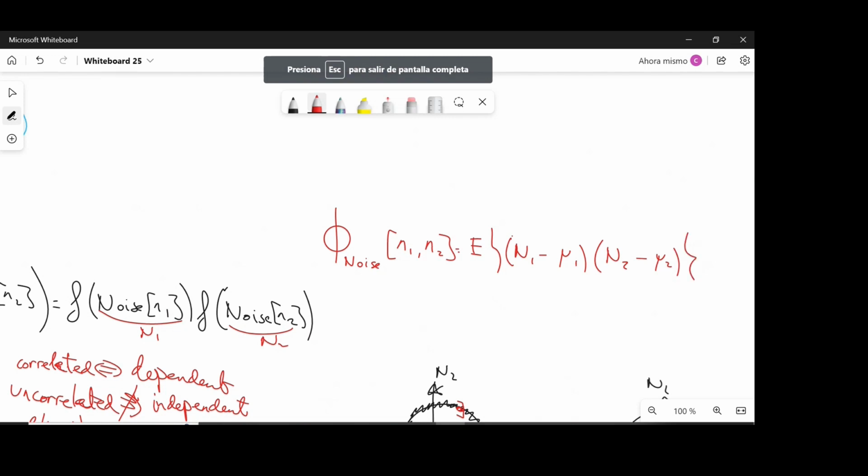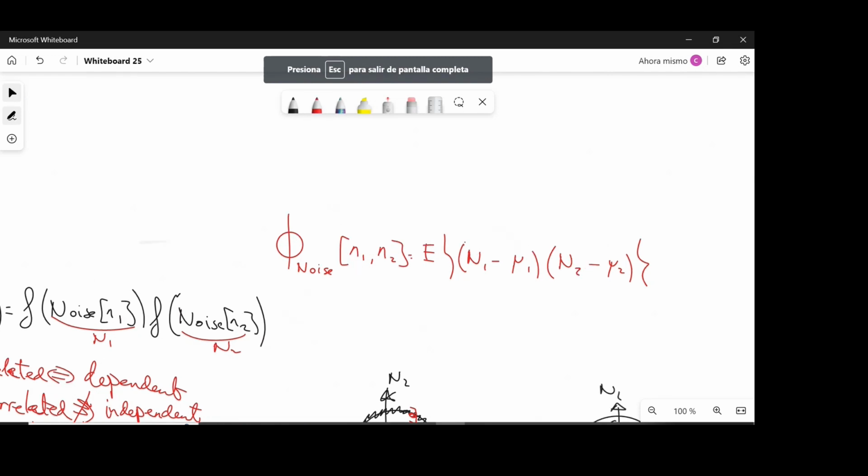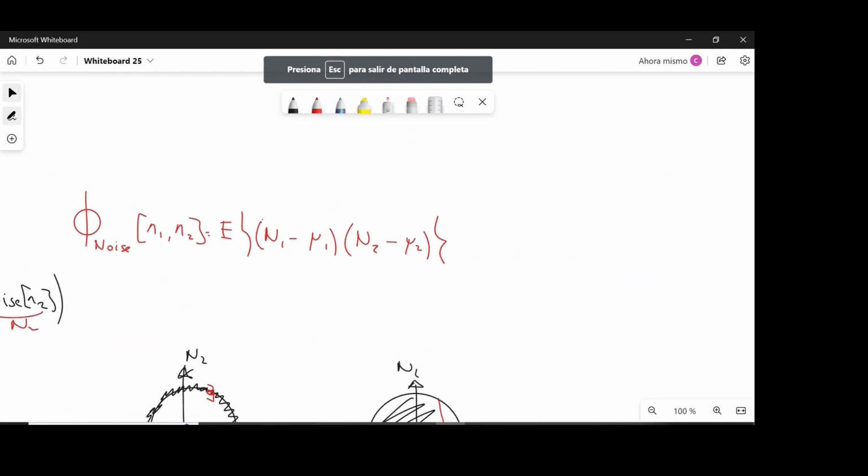If this correlation only depends on the difference between the two samples, n2 minus n1, which is the distance between those two, this is called the lag. Typically this will be represented with the letter n.